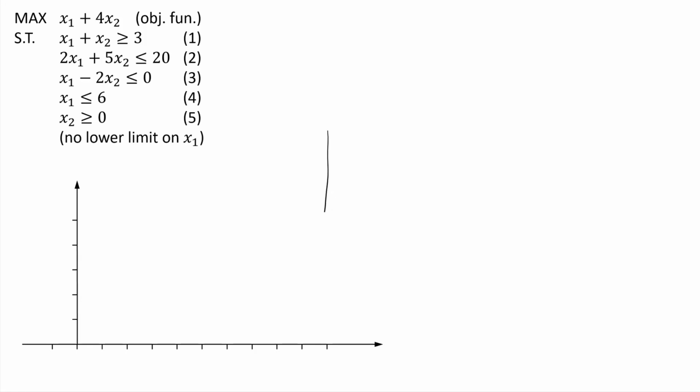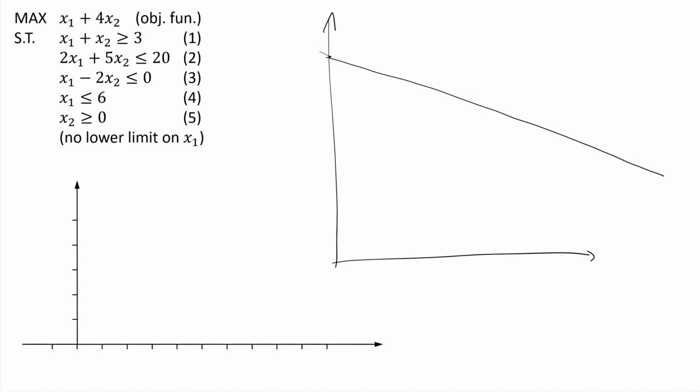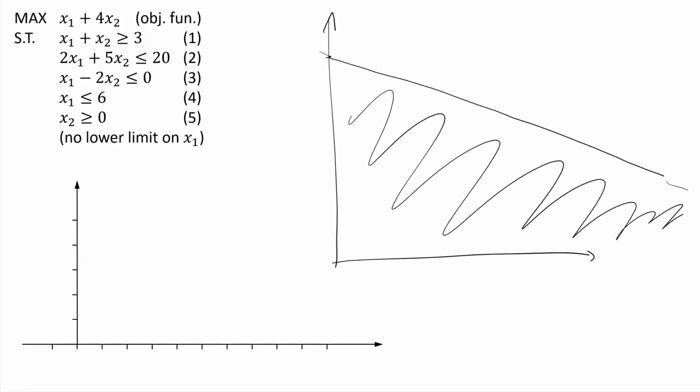Change the unit so that it is larger. If you start drawing and then you discover, oh, one of my constraints crosses from here and goes somewhere far away, and I cannot even plot the feasible region. The feasible region goes on here to the right, right? And then again, it's a good idea to redraw it, but now smaller.